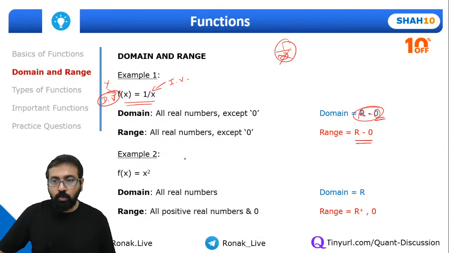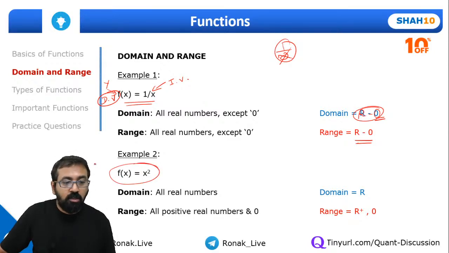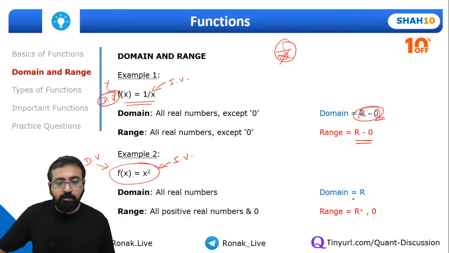Right. Okay. In the same way, if I take this example, f of x is equal to x square. Now this is also a function. Once again, this is your dependent variable and this is your independent variable, right? Now what will be the domain? The domain will be all real numbers. You can take the value of x as negative, positive, 0, any value.